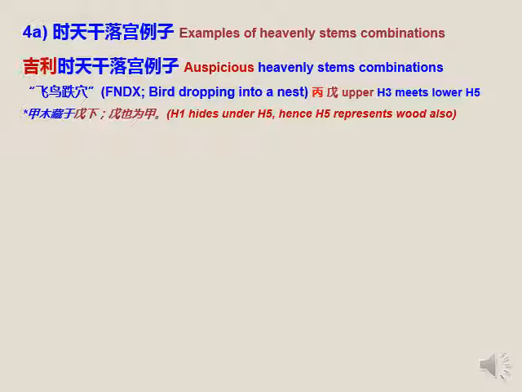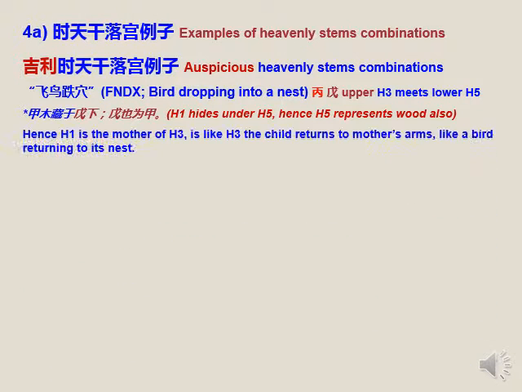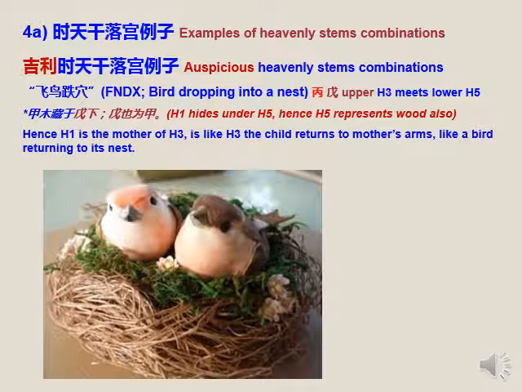And we know wood feeds fire by the cycle of birth. So H1 is like the mother of H3. Therefore, by this logic, H3 is like the child falling into the mother's arms. So it's like a beautiful bird returning to its nest. So it's very auspicious.